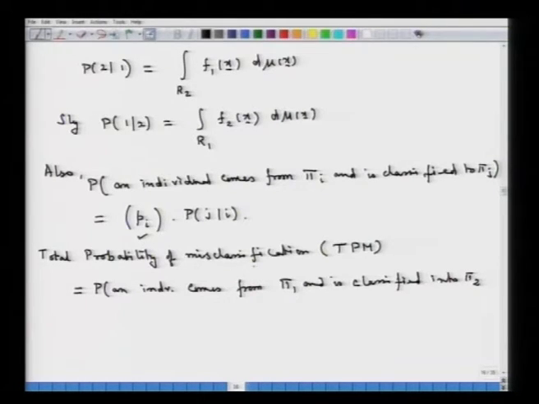So, the total probability of misclassification is given by the sum of the two probabilities: that an individual comes from pi 1 and is classified or misclassified into pi 2, plus the probability that an individual is coming from pi 2, the other population, and is getting classified into pi 1.